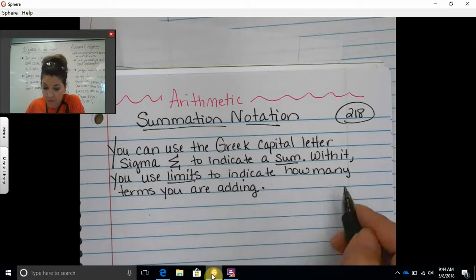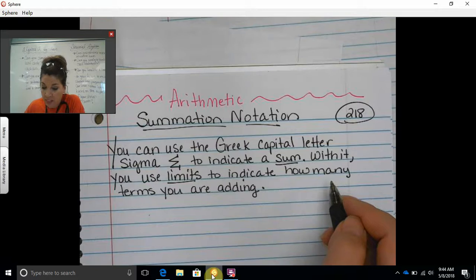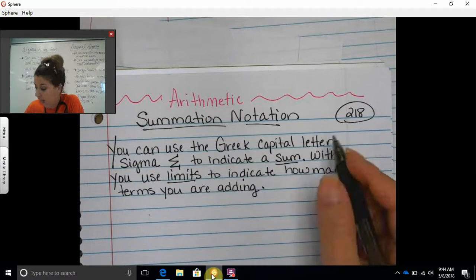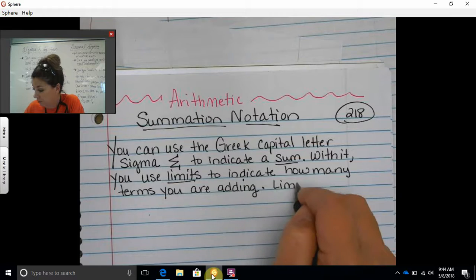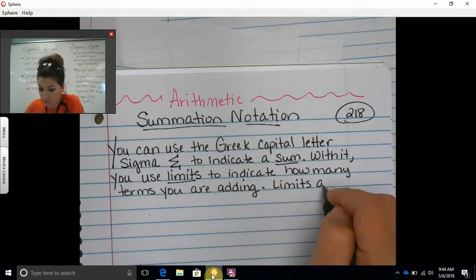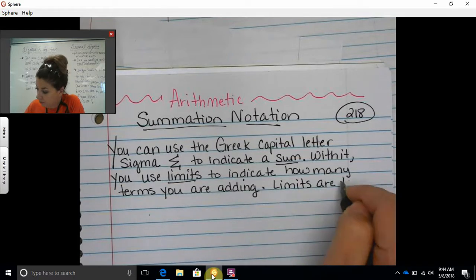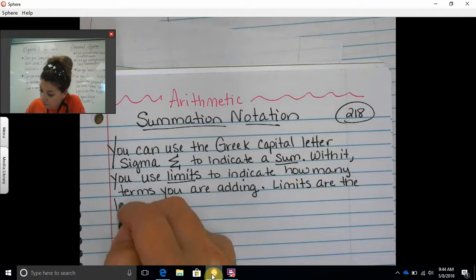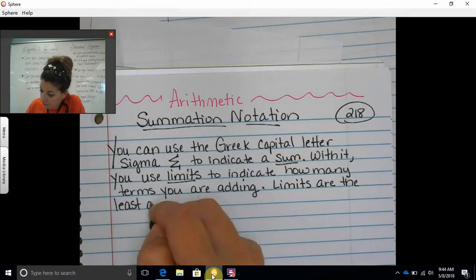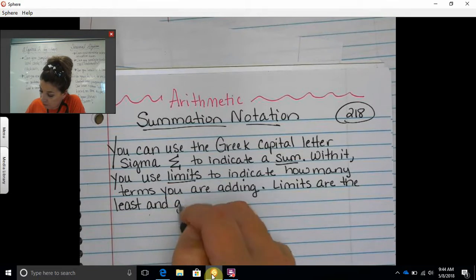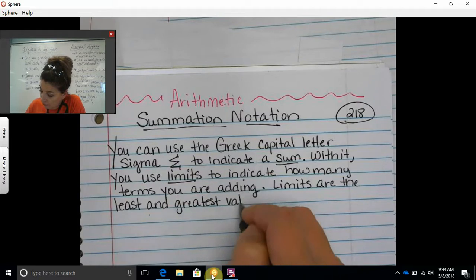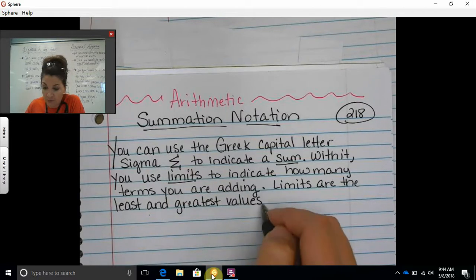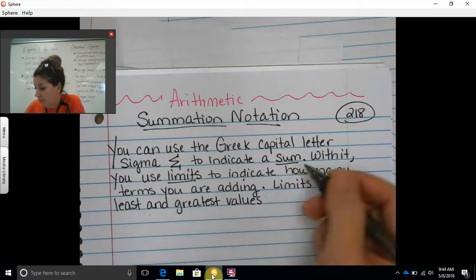Period. Limits are the least and greatest values of n in the series.